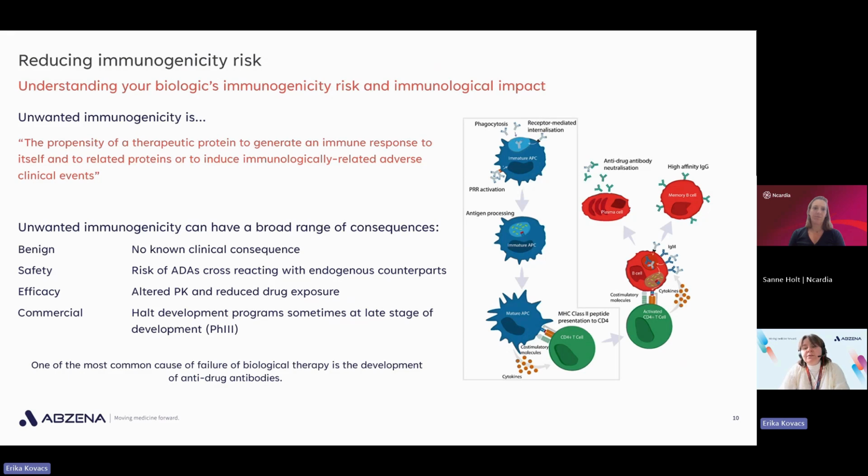So most of our readouts are CD4 T cell activation and proliferation. And in the human body, in terms of clinical relevance, these have been shown to correlate very well with the activation of B cells that will produce these ADAs.